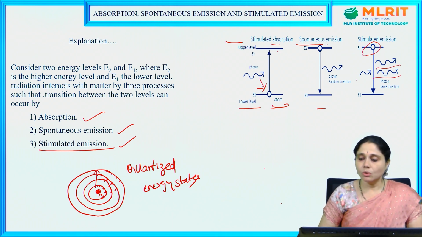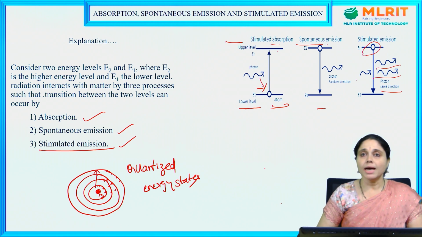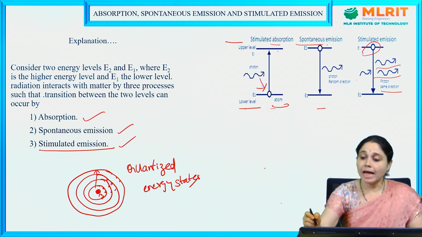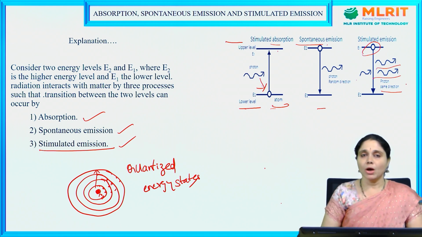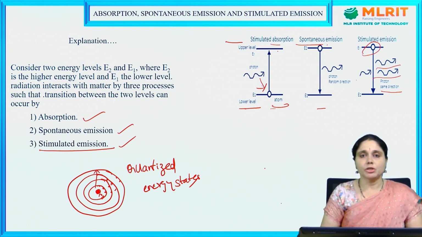This energy will be in the form of photons, in the form of radiation, and it has the same direction. The photon will be released in the same direction. This is known as stimulated emission of radiation.